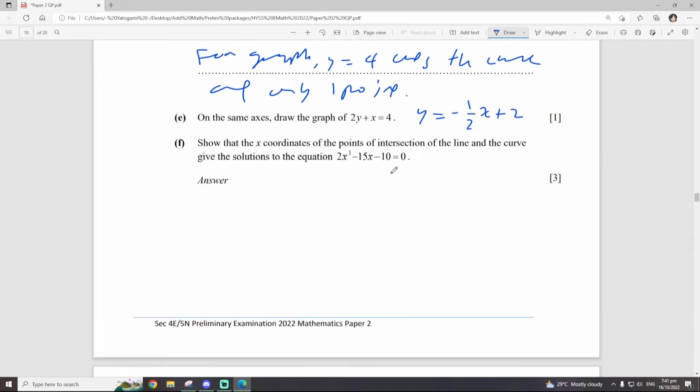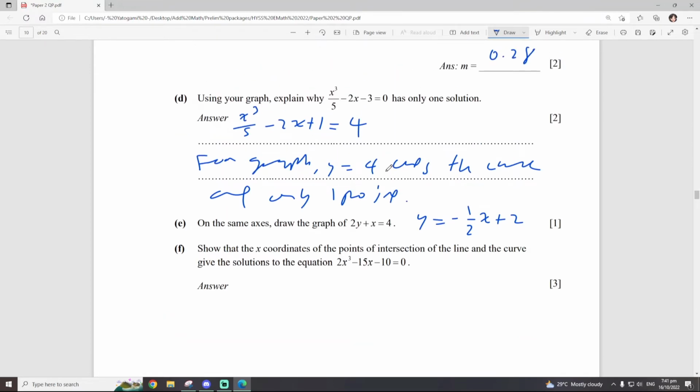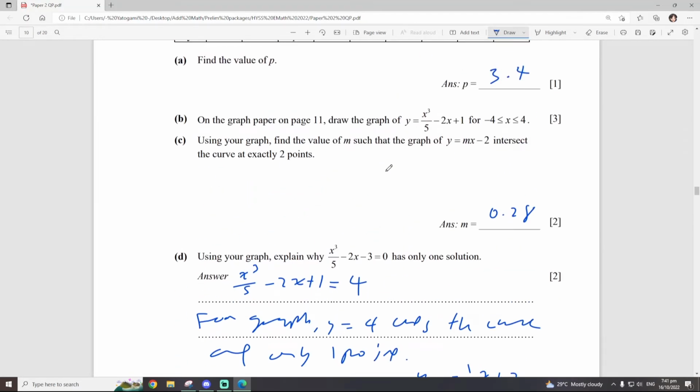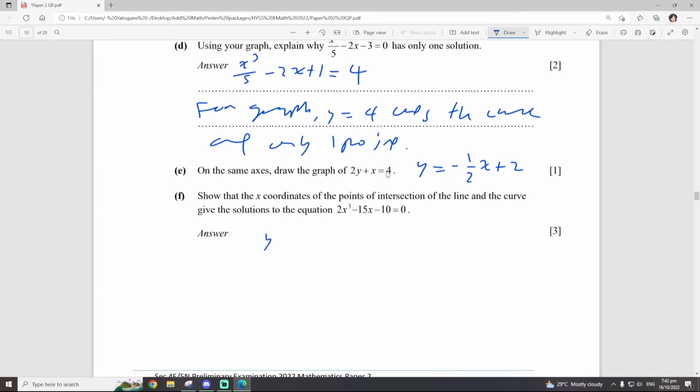Show that the x-coordinates of the points of intersection give the solutions to this equation. So we are equating: y equals x cubed over 5 minus 2x plus 1, and also 2y plus x equals 4. If I substitute this and multiply 2y, I get 2 over 5 x cubed minus 4x plus 2 equals 4 minus x.